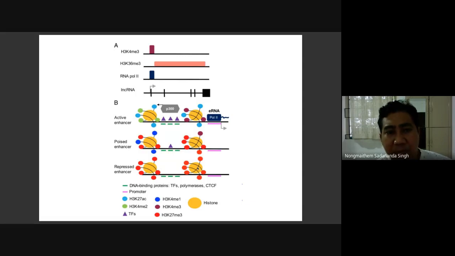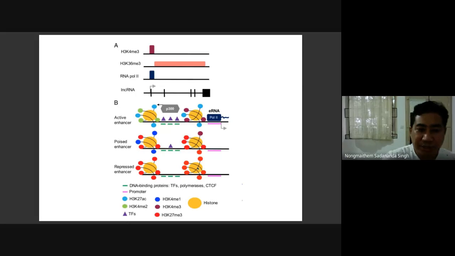So long non-coding RNAs can act in all these ways: they can activate, or poise the enhancer element, or replace the enhancer element, depending on the epigenetic level or histone organization, and by recruiting or by not allowing the transcription factors to bind to certain sites of the genome.